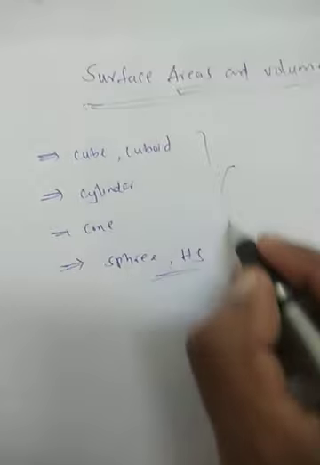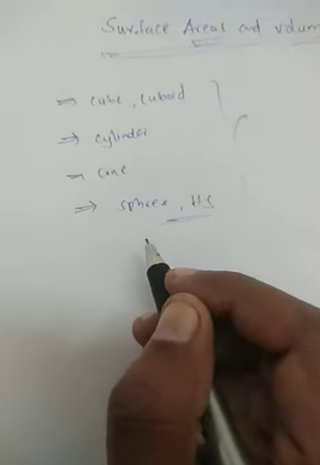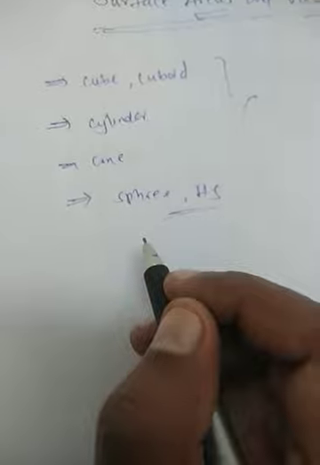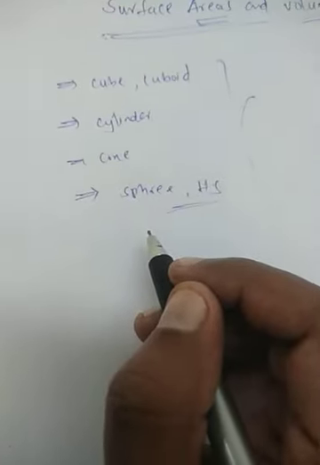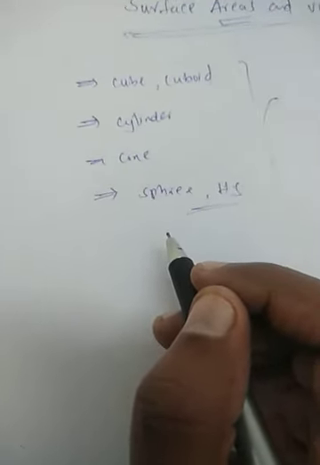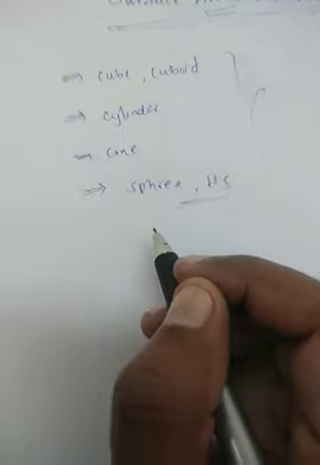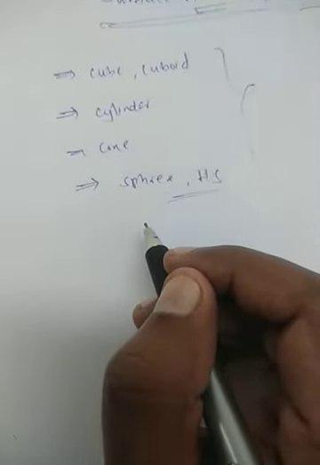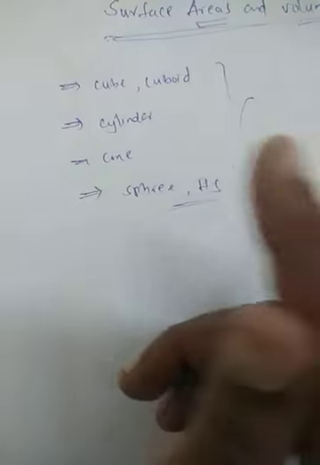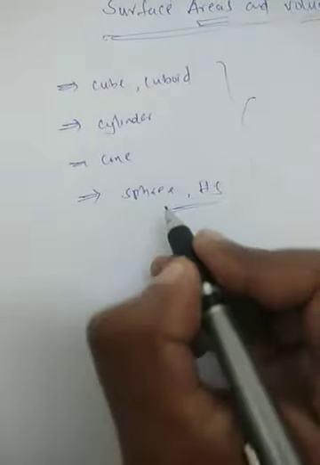These are the basic types of solids we have discussed already in the 9th standard, and we are going to discuss them in the 10th also. That means, what is the change between the 9th standard and 10th standard.